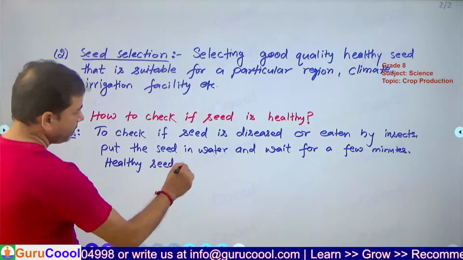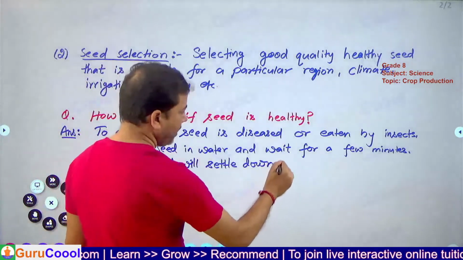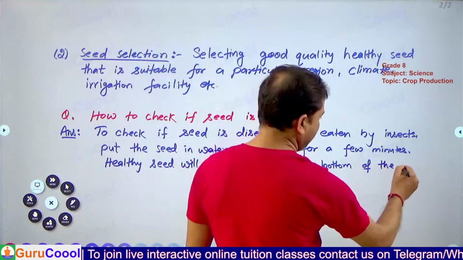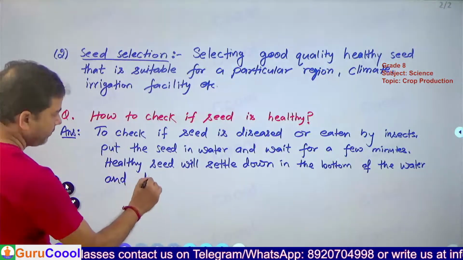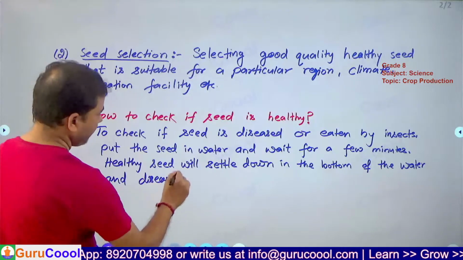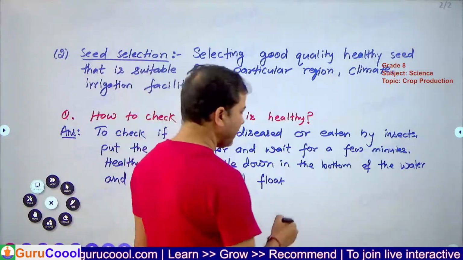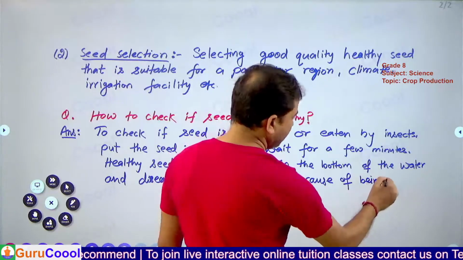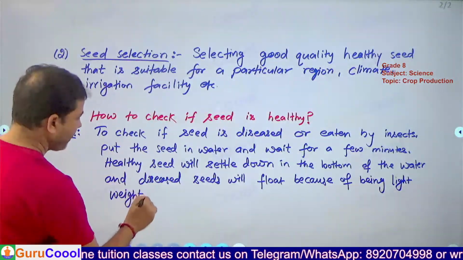Healthy seeds will settle down in the bottom of the water, and diseased seeds will float because of being lightweight. Does this make sense to you?